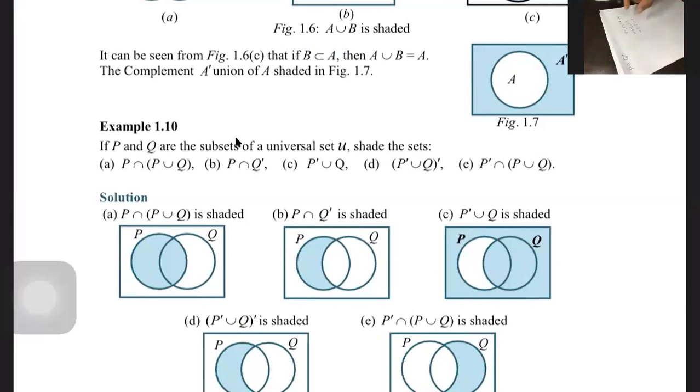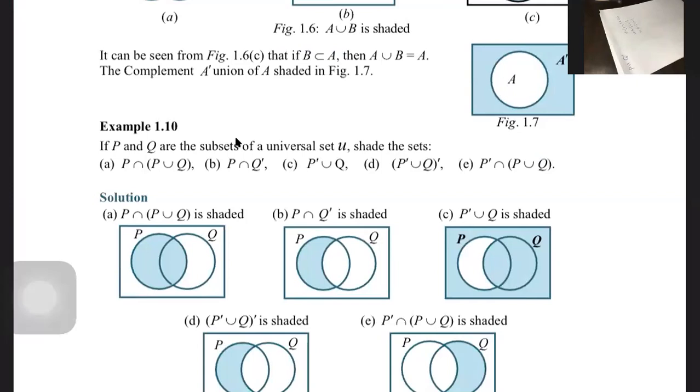When you pick those numbers out, the rest that is left inside the universal set is the complement. Complement means that go and remove the members of that set out. The rest that is left in the universal set is the complement.